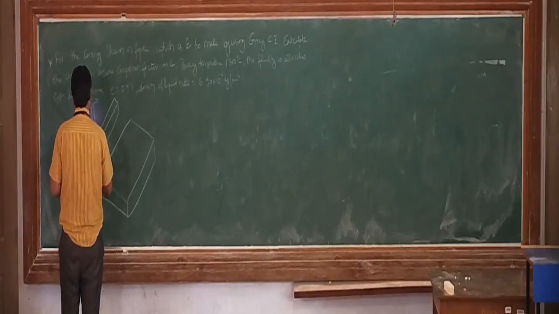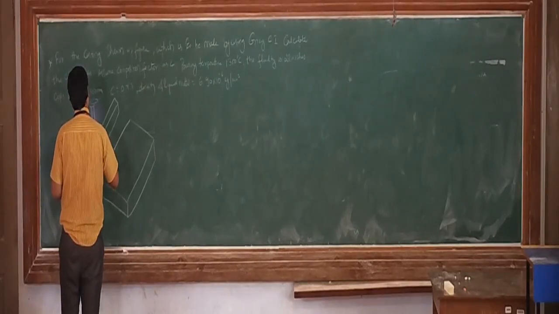So we have 4 runners over here. First runner. Then we have second runner.